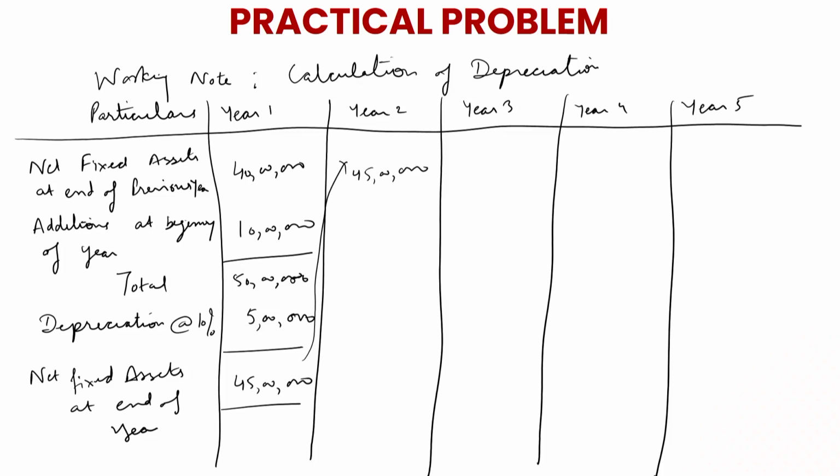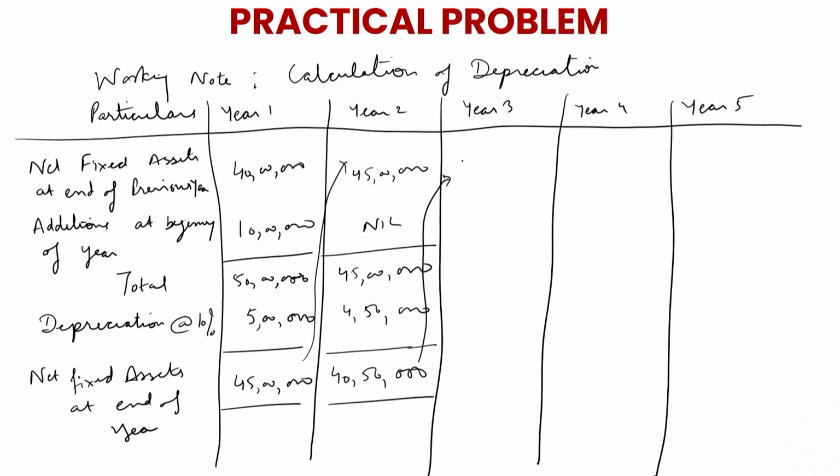Then you can see there is no addition in year 2. So we have a balance of 45 lakhs, charging 10% depreciation on the same, 4 lakh 50,000. We got the balance of 40 lakh 50,000, which we take to the third year.